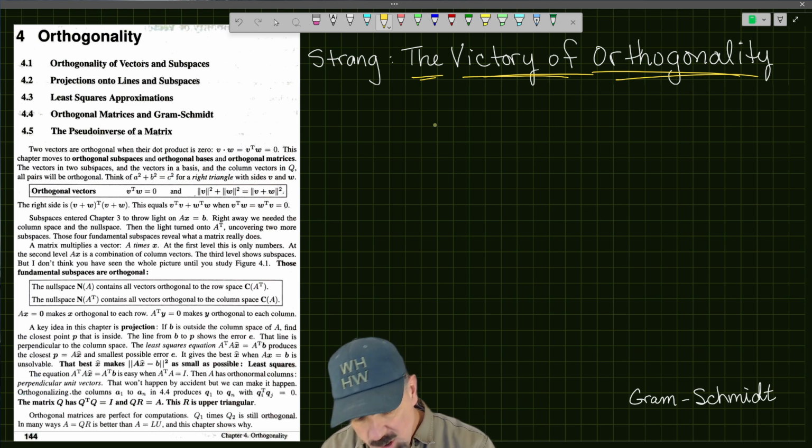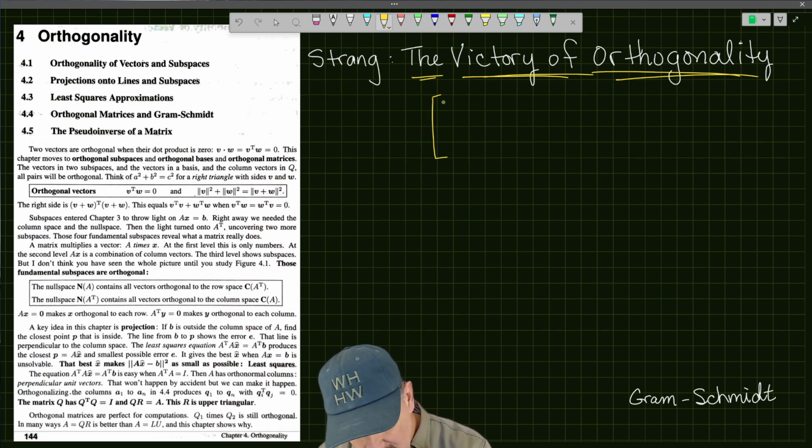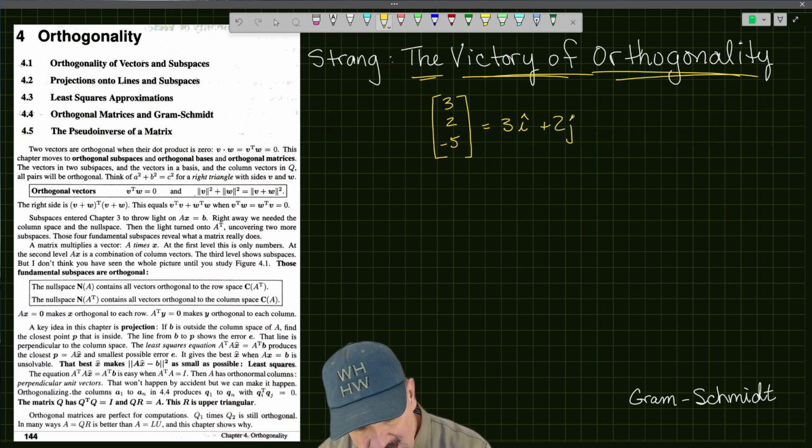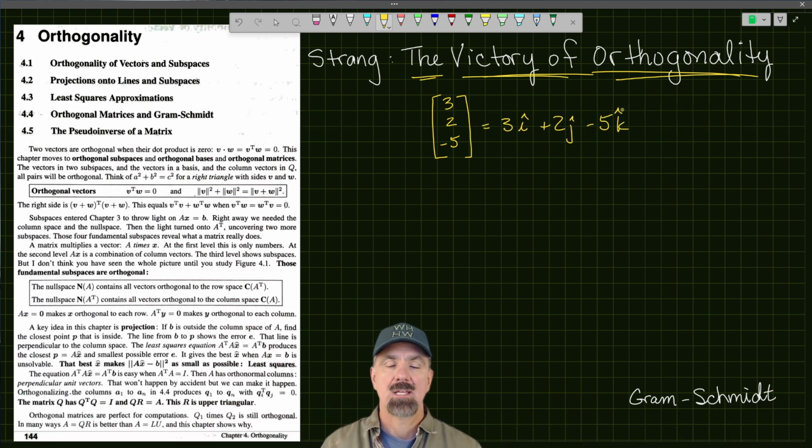Let me just remind you, you're already accustomed to this. We talked about it previously, but if I have the vector 3, 2, negative 5, this is really 3i hat plus 2j hat minus 5k hat. And in no small part, it's very easy to determine the vector of coefficients for the very simple reason that we have a basis in R3 that is orthogonal.